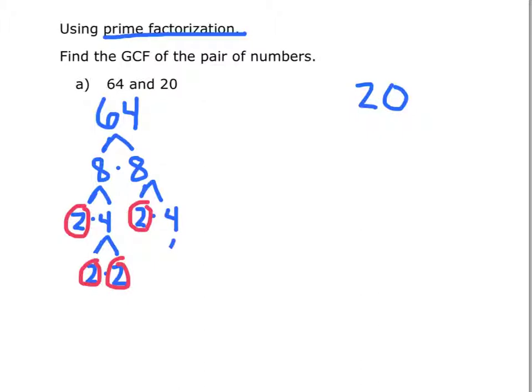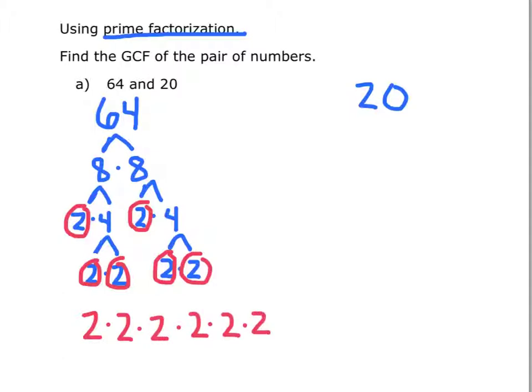And then finally 4 is the same thing as 2 times 2. So the prime factorization of 64 is going to end up being 2 times 2 times 2 times 2 times 2 times 2. In other words, 2 to the 6th power.